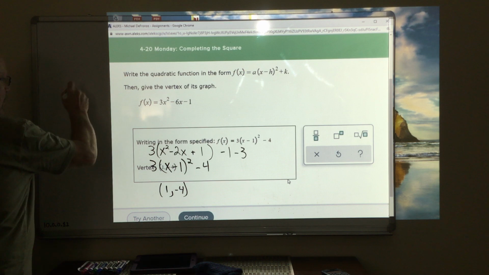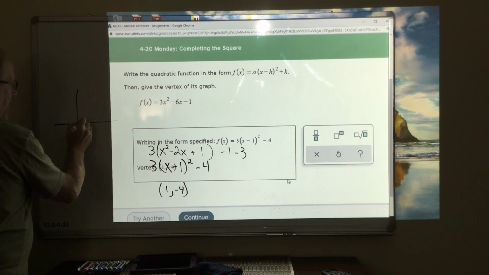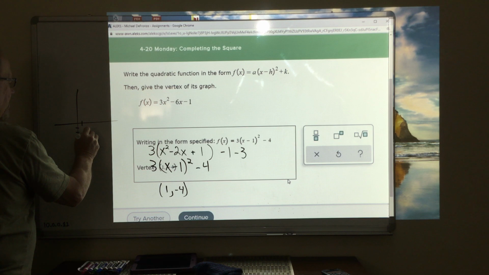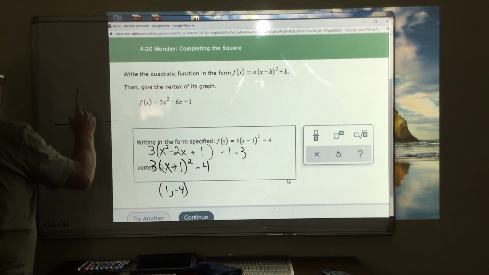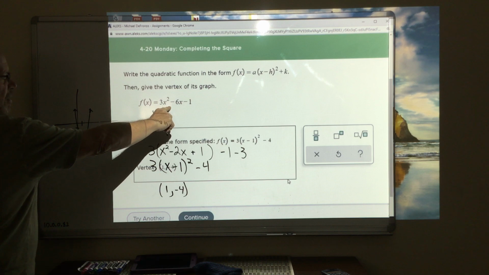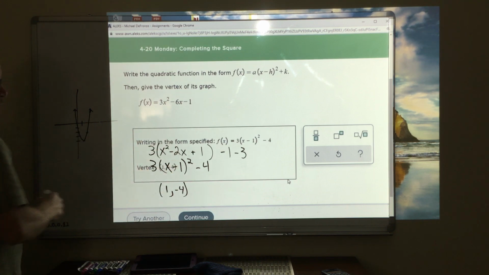Now I know this parabola would be at 1, -4. So here would be the vertex, and if I was graphing it, I know that it would be tall and skinny because it's stretched by a factor of 3. And it would be really easy for me to draw the graph of this function now that I've put it in this form.